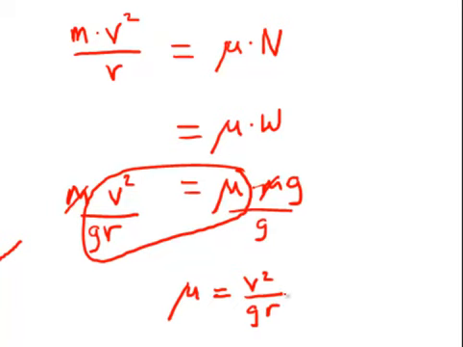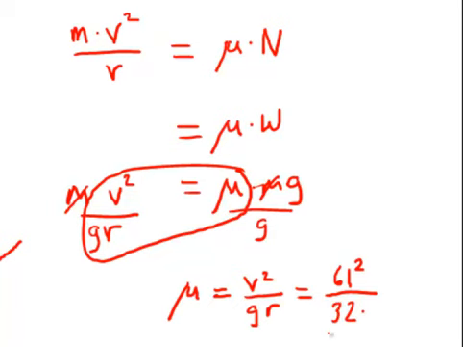If we want to answer this question, we can start plugging in some numbers. The velocity for this problem was 61 feet per second, so 61 squared on top. If we use the standard unit of g in feet per second squared, that's 32.